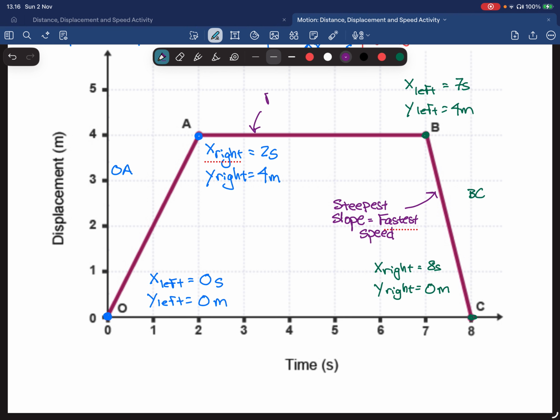That right there, flat, is equal to no slope, or slope equals 0, which means 0 meters per second, right? No movement, speed is 0. And this right here is the shallowest slope.